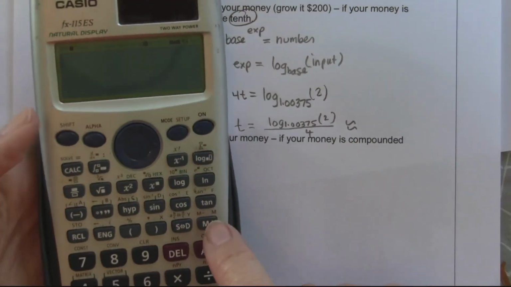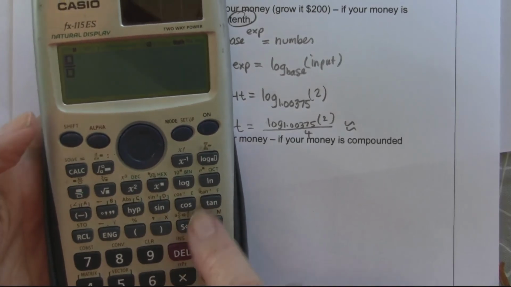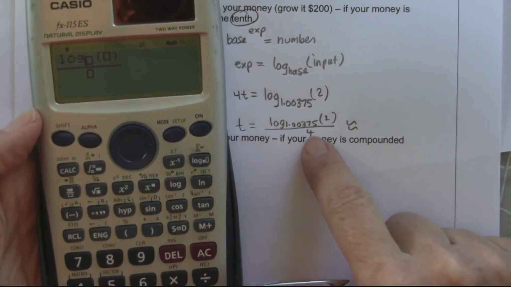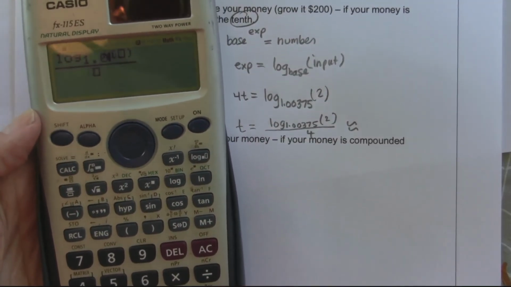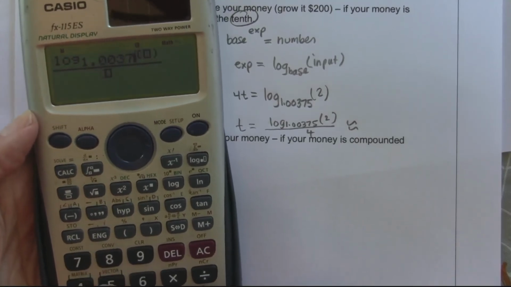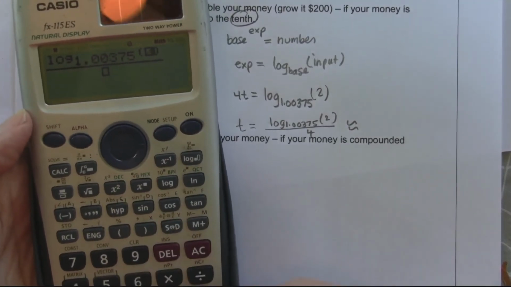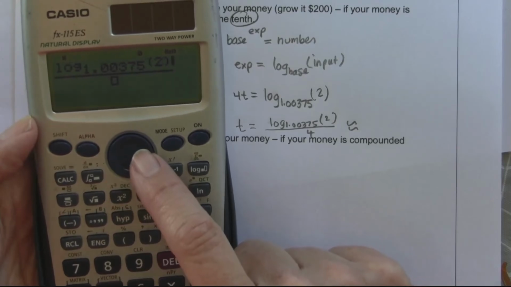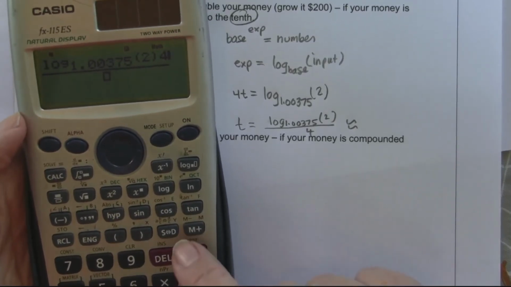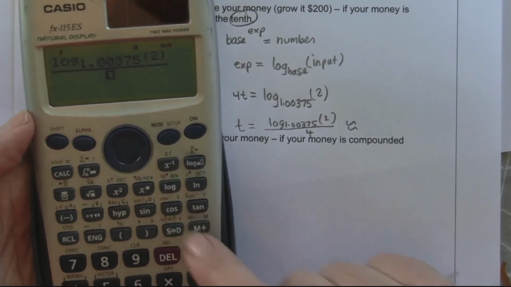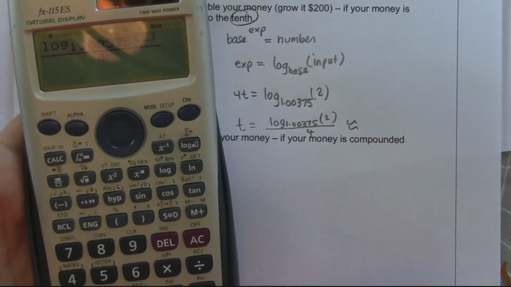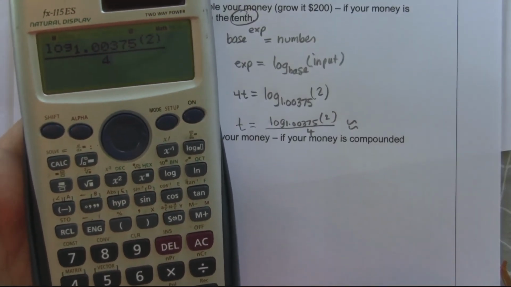So I'm going to have here my fraction, my log any base, and the base is 1.00375, of 2. And then the whole thing divided by 4. Oops, that didn't get down there in the bottom, divided by 4. That's why I like to see what I put in.